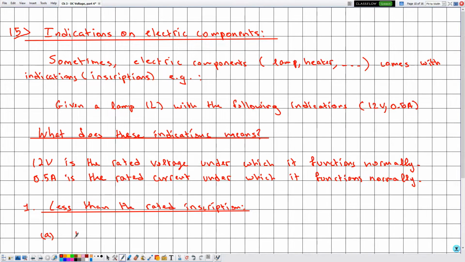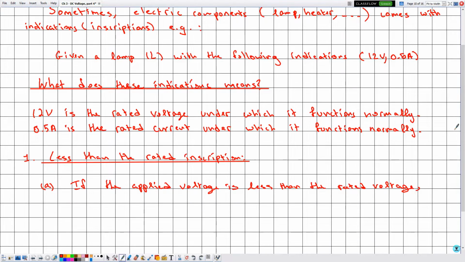So let me say if the applied voltage is less than the rated voltage, so in this case we are connecting the lamp to a voltage source which has an applied voltage which is less than the rated voltage. For example, it could be 6 or 4 volts.